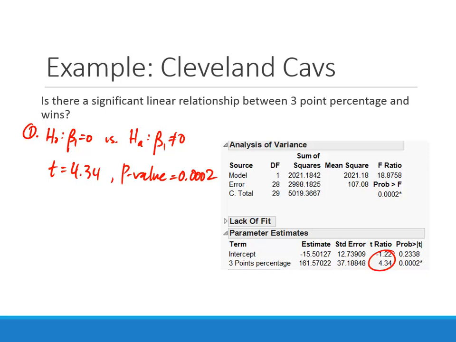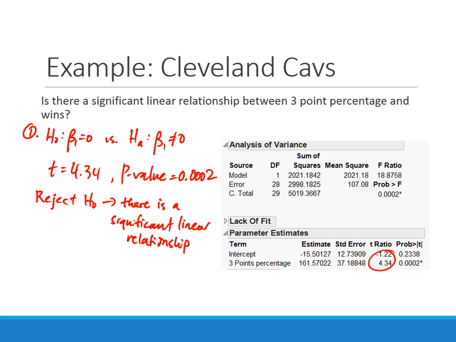Therefore, you would reject the null hypothesis, say that that slope parameter is not equal to 0, and that there is a linear relationship between 3-point percentage and wins. Okay, so that's one way.